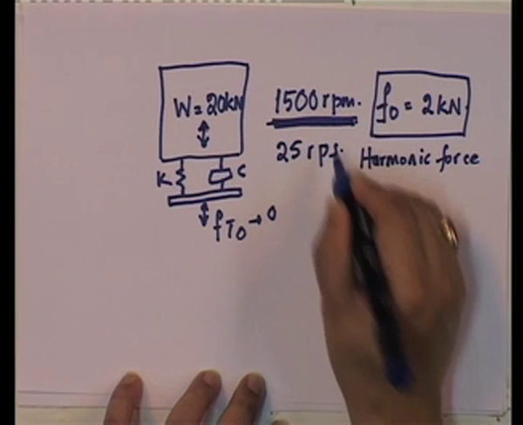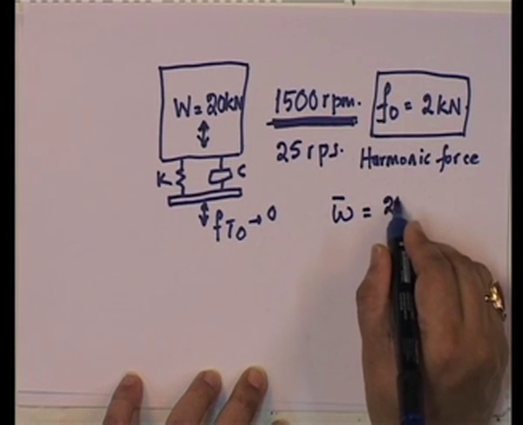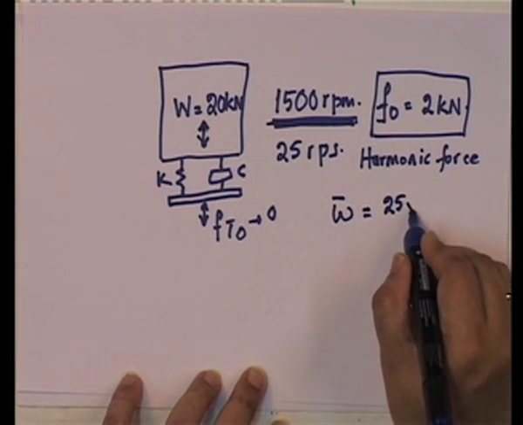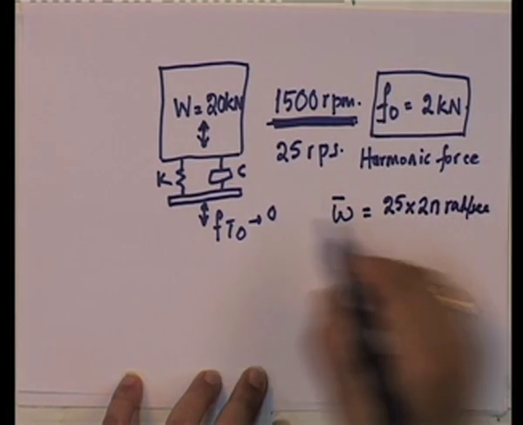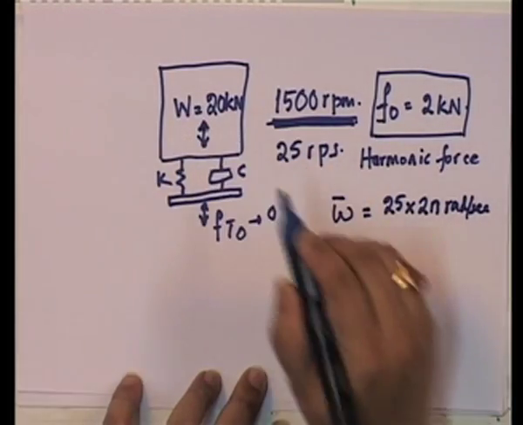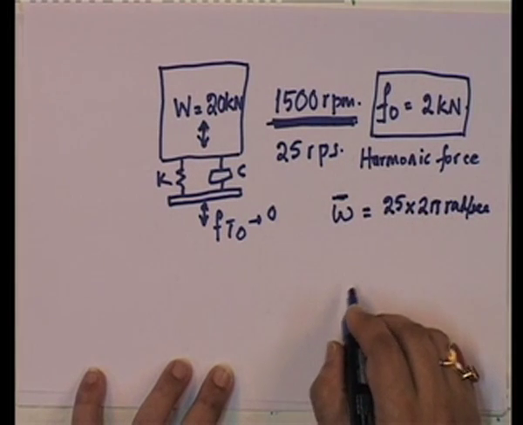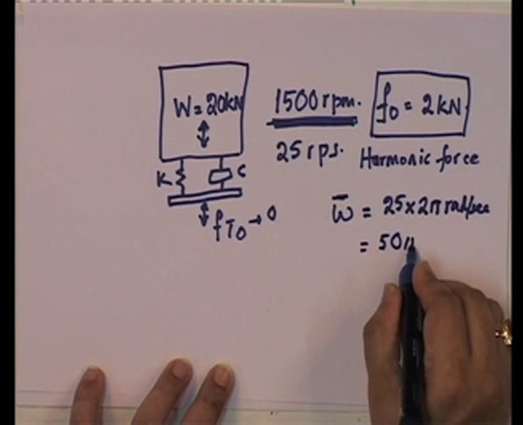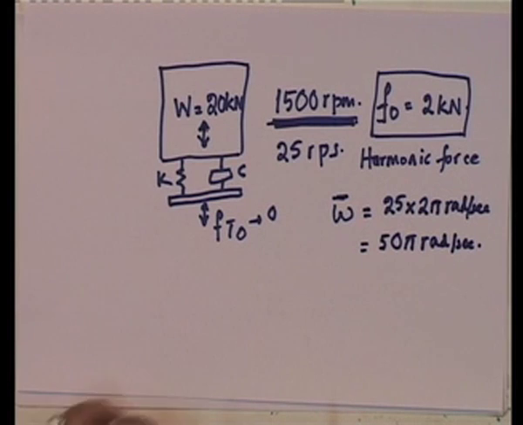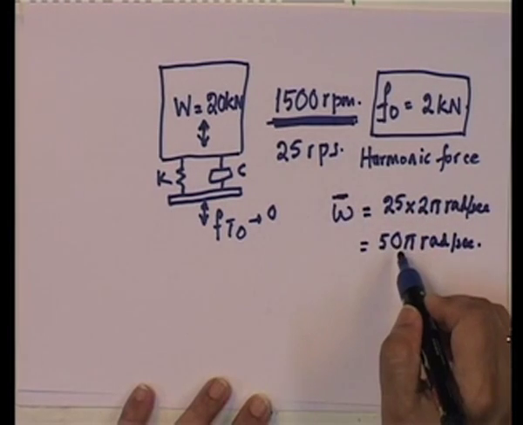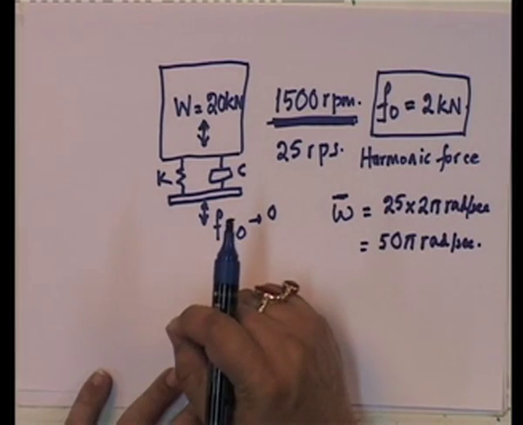In other words, omega bar is equal to 25 into 2 pi radians per second, so omega bar, the excitation frequency, is equal to 50 pi radians per second. So, we know the excitation frequency, we know F0.